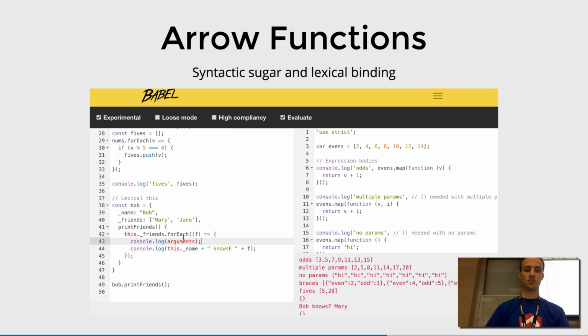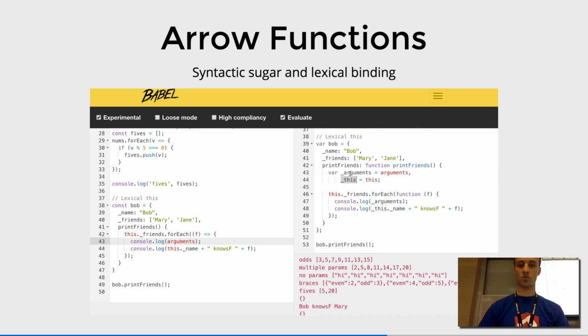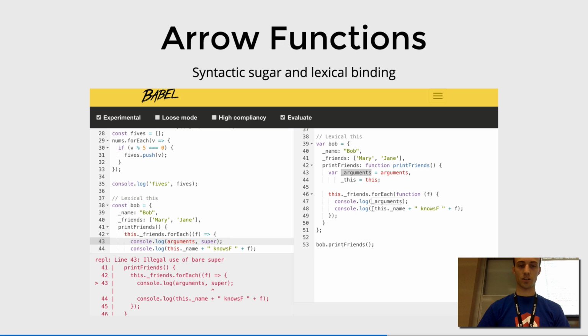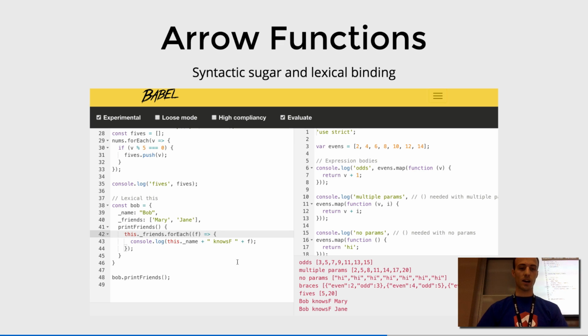That is not the case. Arguments is also lexically bound, similar to this. Another one is super, which I think will result in a transpilation error because this isn't a class, but super is also lexically bound. And new.target is also lexically bound, but that's crazy, so don't worry about that. Yeah, I think that's it.